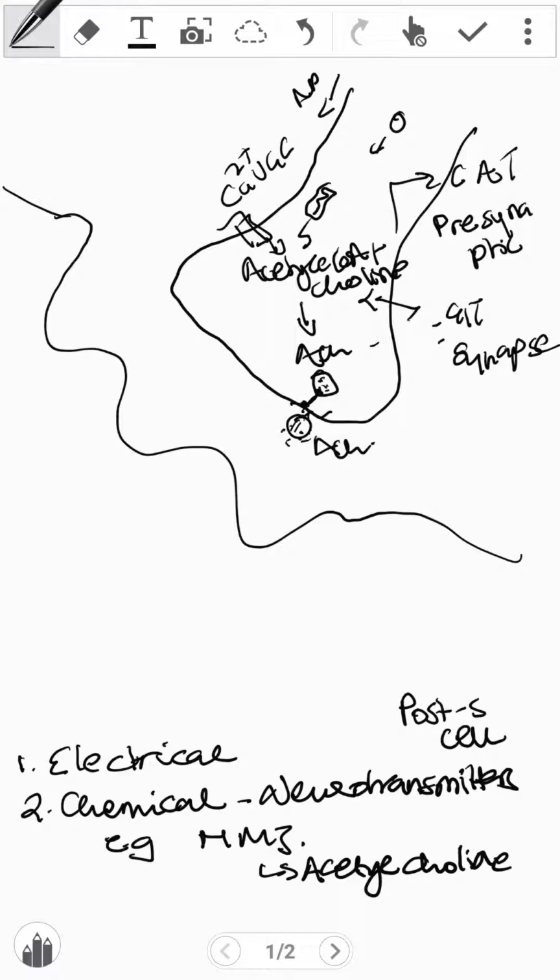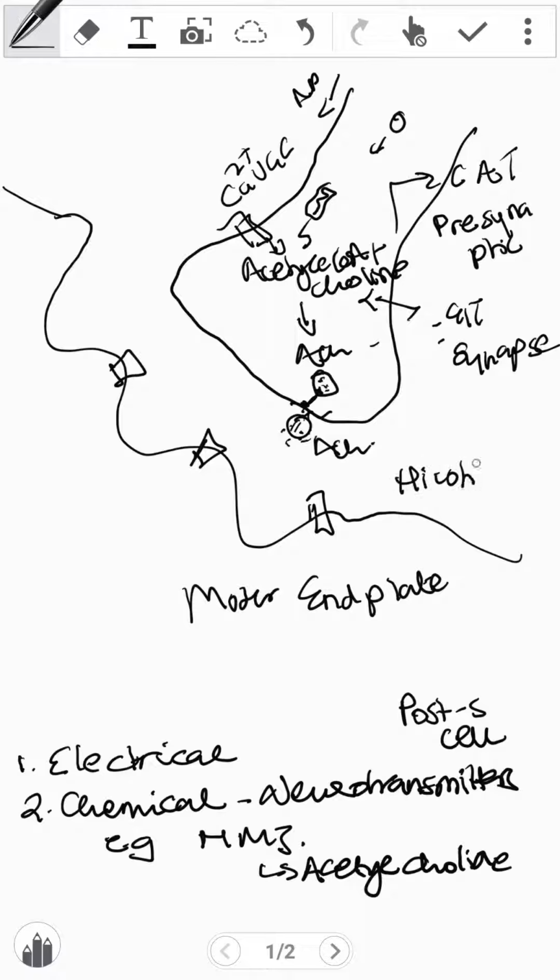Once the ACh is released, we have ACh receptors on the membrane. This is the end plate, the motor end plate. We have receptors that are known as nicotinic, simply because nicotine can also bind to these receptors.